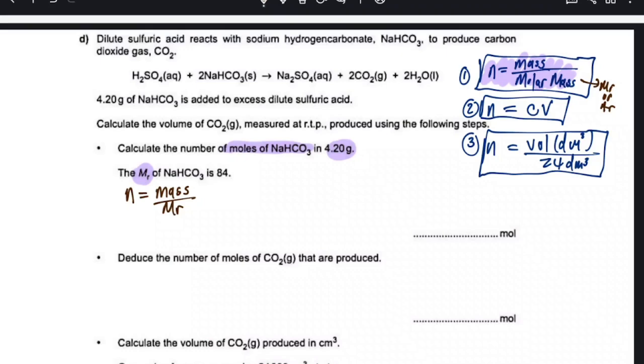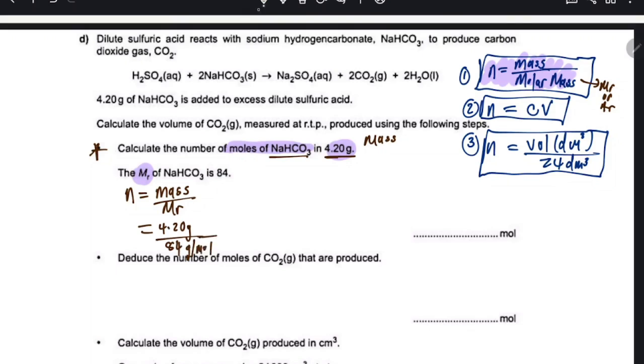So here they said, just read here only, number of moles of this, and then they give you the mass. This is the mass. And then here is the MR, so you use this one. What is going to be the mass? 4.20 grams. MR? Grams per mole.